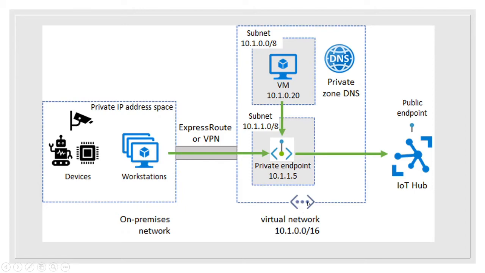It will connect to a virtual private network, and that virtual private network will be configured with the private endpoint of the IoT hub. So we create our IoT hub with a private endpoint, and that private endpoint will be in a virtual network, and our sensors and devices will connect using either an express route or a VPN and connect to our virtual network and talk to our private endpoint. So in this scenario, our IoT hub will not be discoverable on any public network.